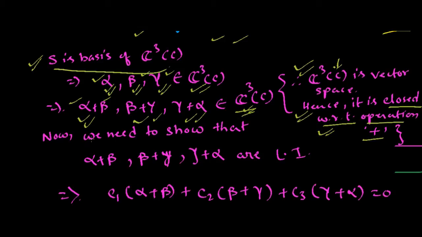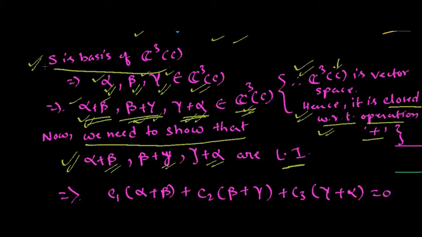Now we need to show that these vectors are linearly independent. If we can show this, then we can say that S dash is also a basis of C3.